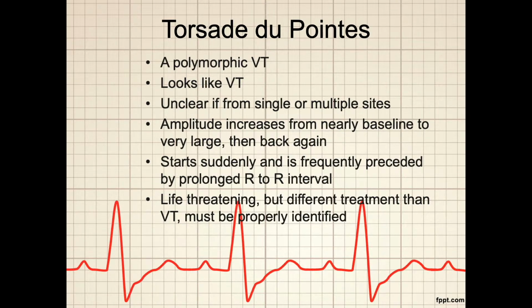So while the treatment of a monomorphic ventricular tachycardia is to administer epinephrine, antidysrhythmics such as amiodarone, and defibrillation, the treatment for polymorphic, such as Torsade de Pointes, includes medications such as isoproterenol, magnesium sulfate, and even cardiac pacing.